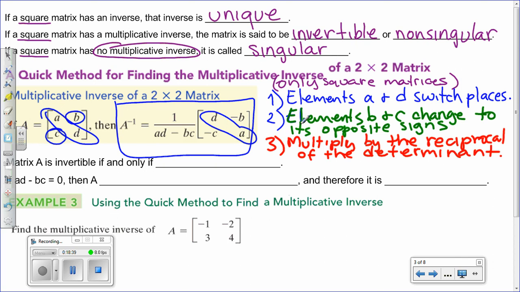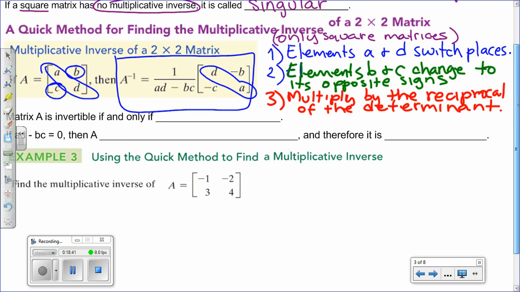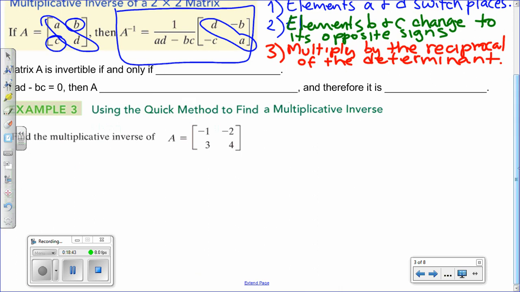Okay, so what is the determinant? Let me show you quickly. The determinant, we use DET to abbreviate that. You could also find it on your calculator. The general form for that is that you multiply AD minus BC.